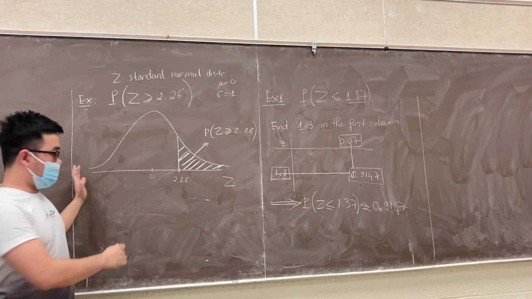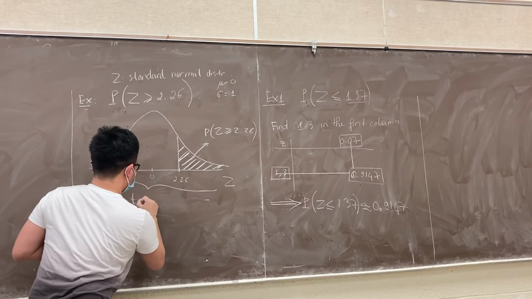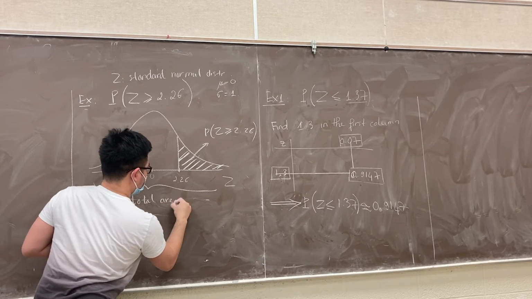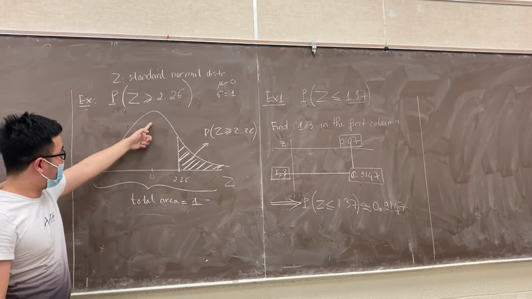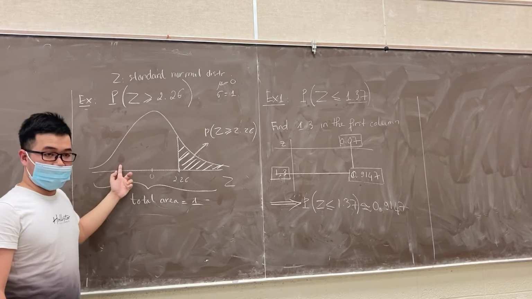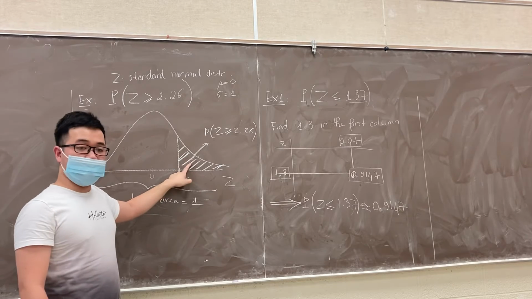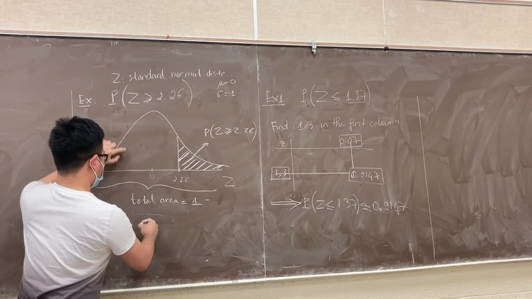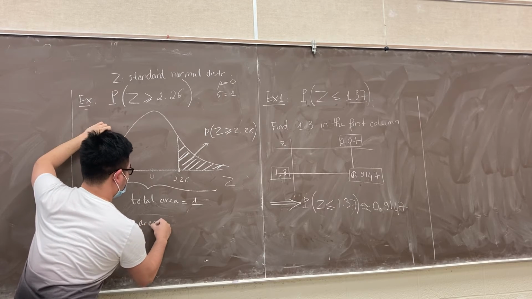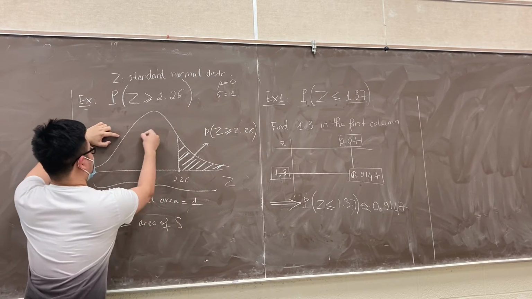The total area here is 1, right? So if we know how to calculate the area of this region, we can calculate the area of this other region by using 1 minus the area of S here.